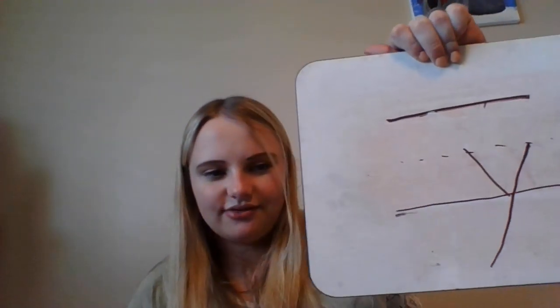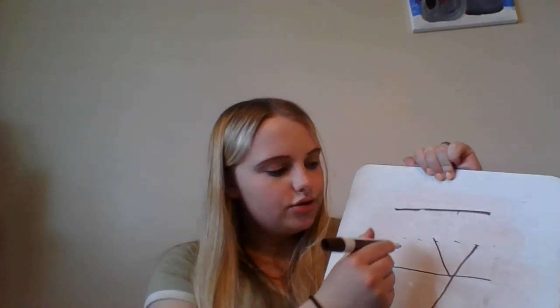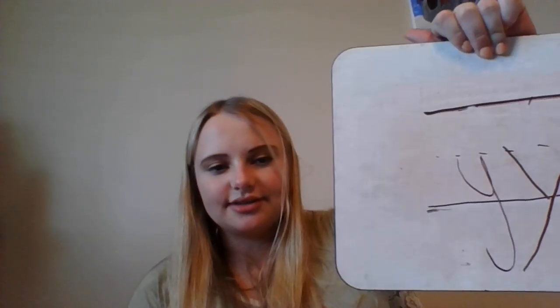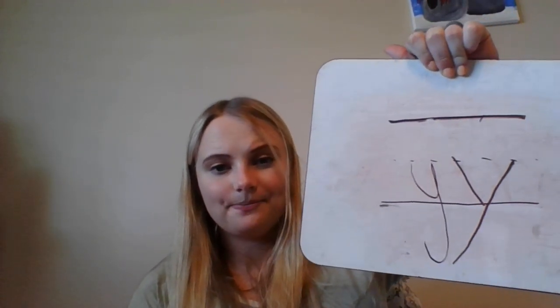My Y should actually start below my imaginary middle line, slant, and at the other side I slant and I go fishing. So my Y should be fishing. And you can also do your Y like this. That's fine as well. Just make sure that it's fishing and the hook is going the right way. Ya, i. The 3 sounds Y makes.